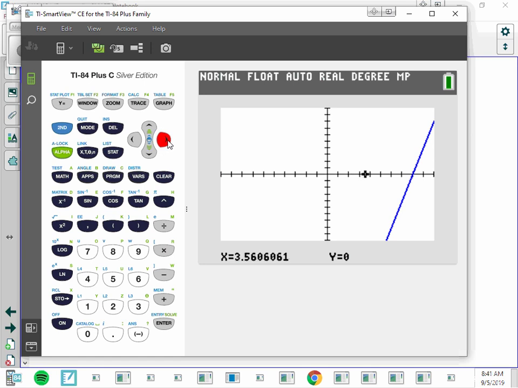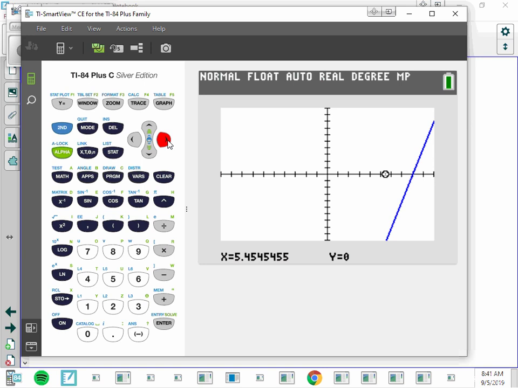The other way not to do it is to push trace. The difference between what I'm doing right now and trace is that trace requires the point to be on the line. So we're getting there. Moving slowly.